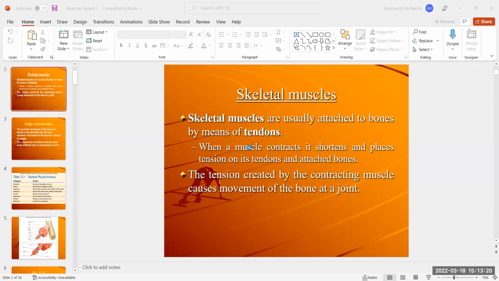Filling the cytoplasm of the axon terminus are lots and lots of synaptic vesicles laden with acetylcholine. This whole structure here is called the motor end plate.